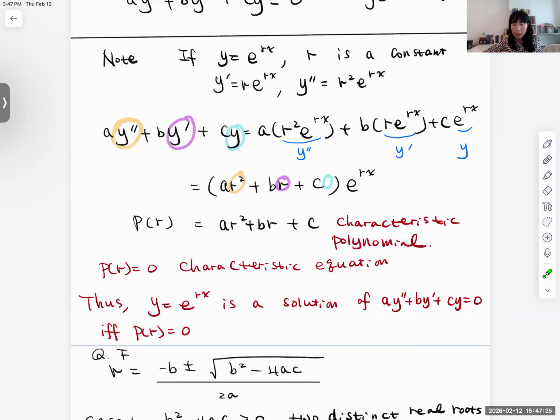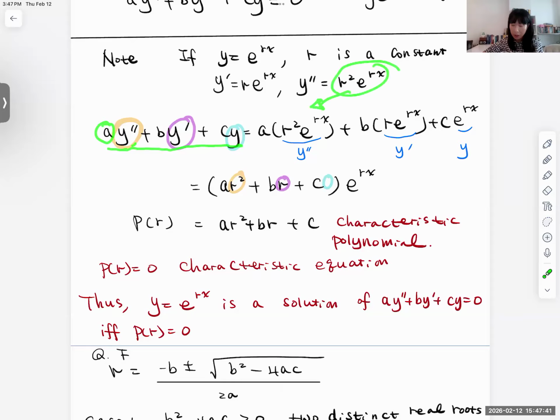Now we have the constant coefficient equation in linear second order form: a y second prime plus b y prime plus c y equals zero.